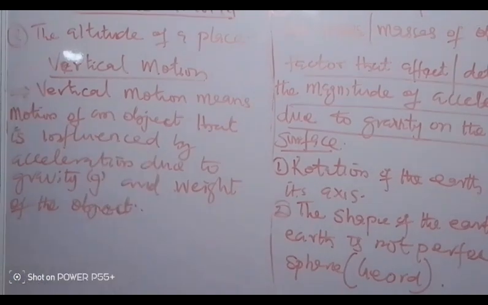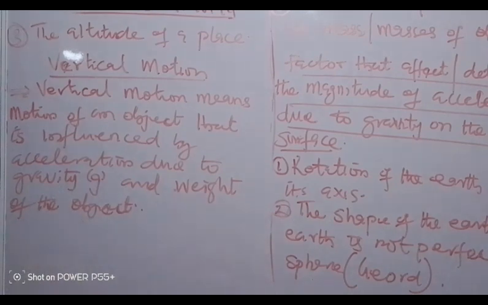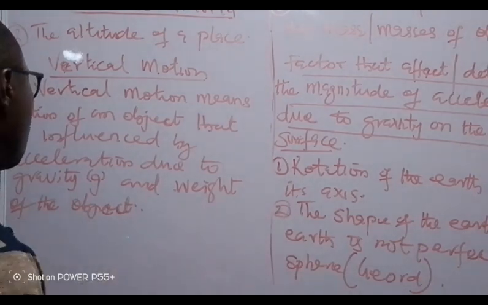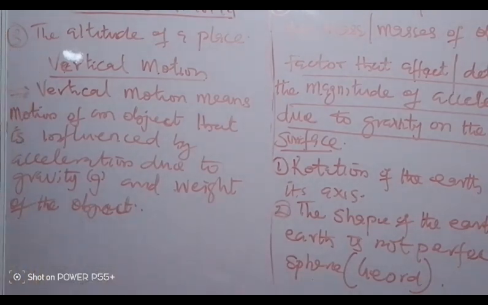That is, the vertical motion of an object is influenced by the acceleration due to gravity G and the weight of the object. Those are the two factors that will determine the vertical motion of an object: the value of acceleration due to gravity and the weight of that particular object.